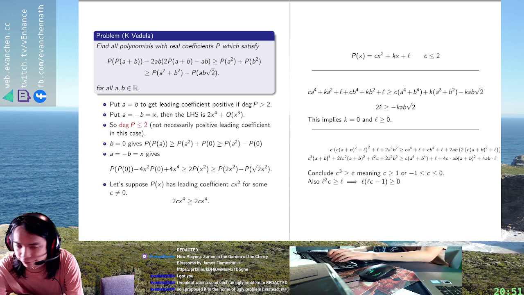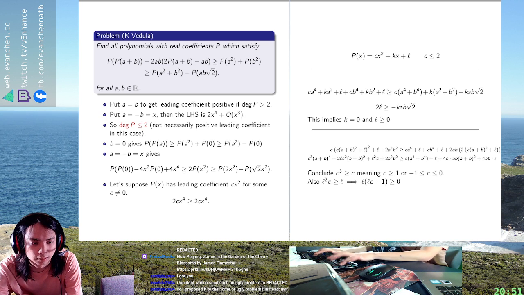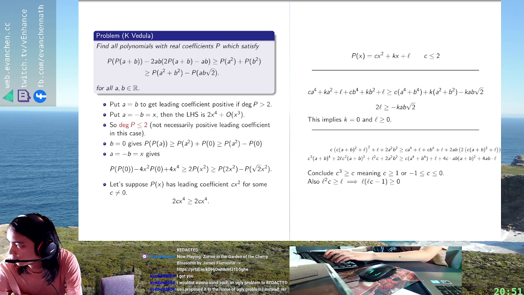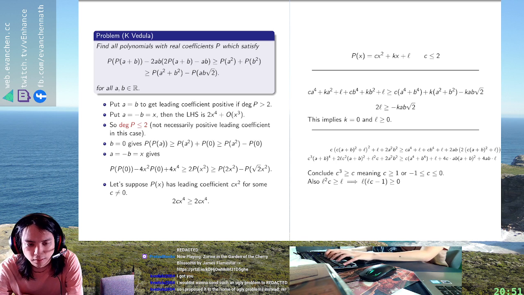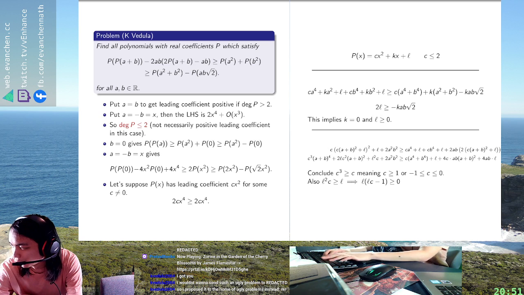That's homogeneous degree 4, so it's like C cubed minus C, plus a cubed b plus ab cubed, 4c cubed minus 4c. Oh wow, very convenient.